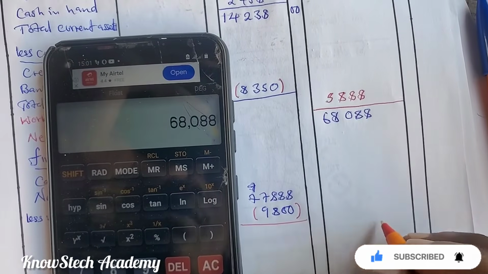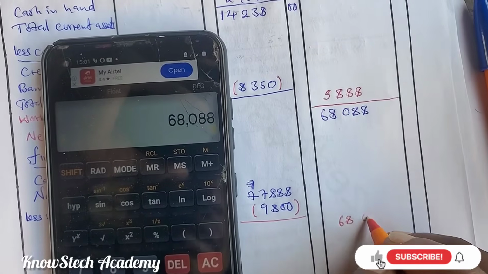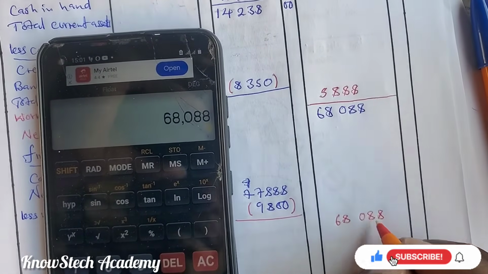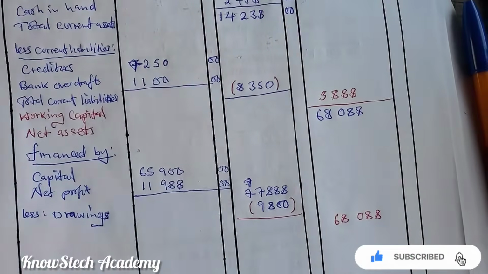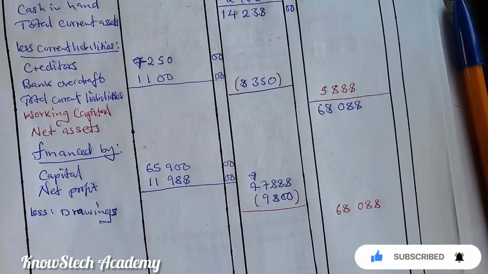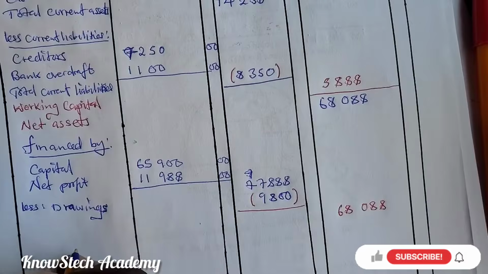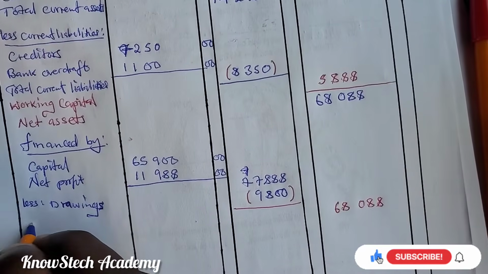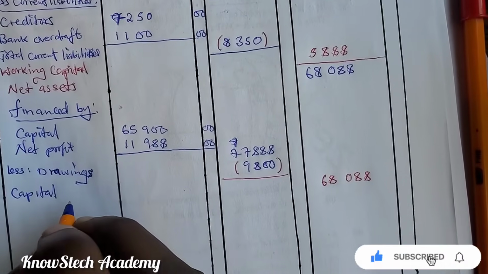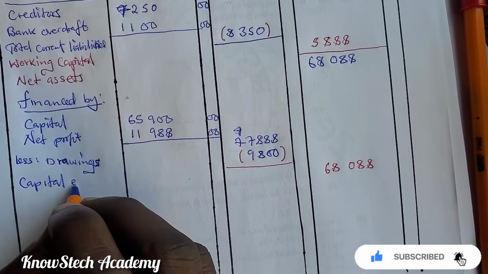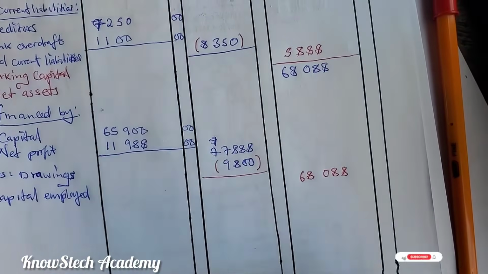So you write this one on the other side as 68,088. So what do you call this figure? This figure is called capital employed. Capital employed.